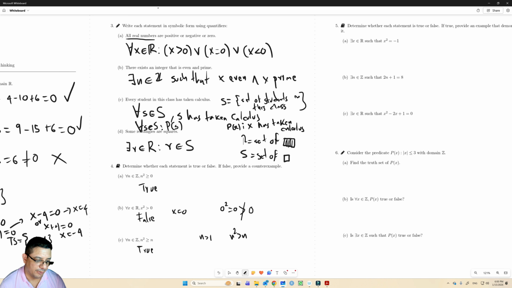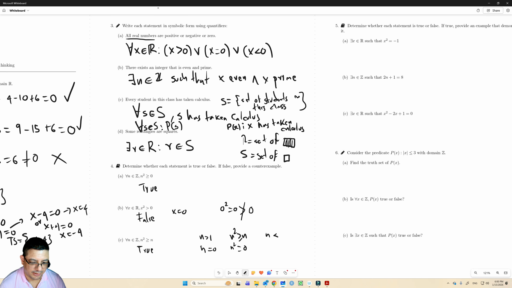So that'll be for the positives. And if you say that n is equal 0, that also will work. n squared will be 0 as well.